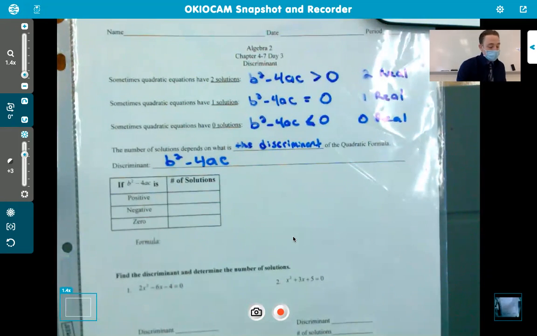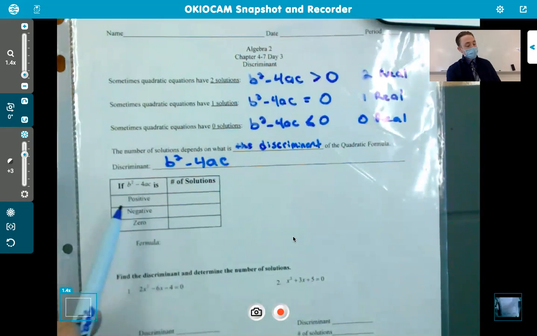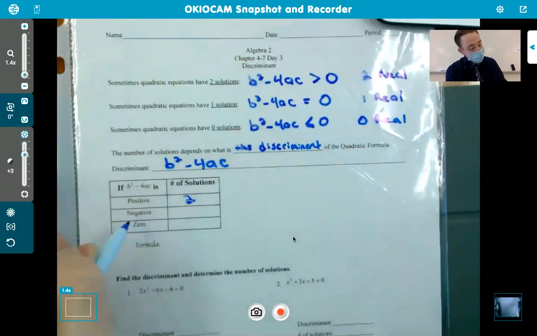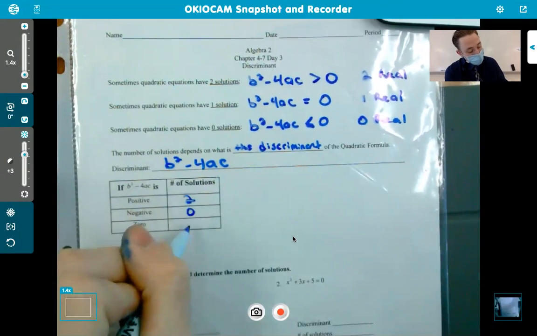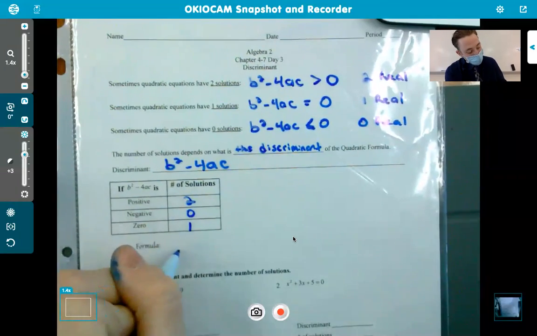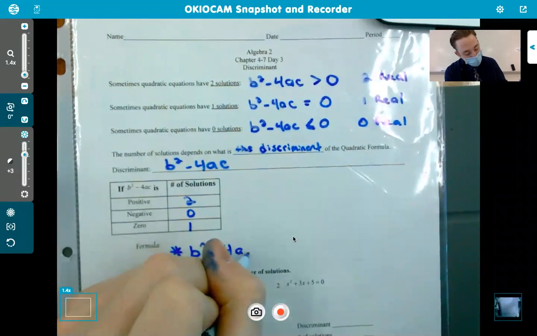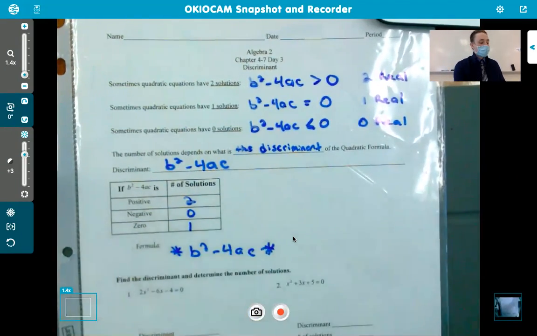Just to emphasize some points here, if b squared minus 4ac is positive, we have 2 solutions, negative, 0 solutions, 0, 1 solution. And our formula that you'll hear me say over and over again, something you need to commit to memory, but you should already know it from the quadratic formula, is just b squared minus 4ac. So we'll take all of our values, plug it into that, find a number, and then that number will help us determine the number of solutions.